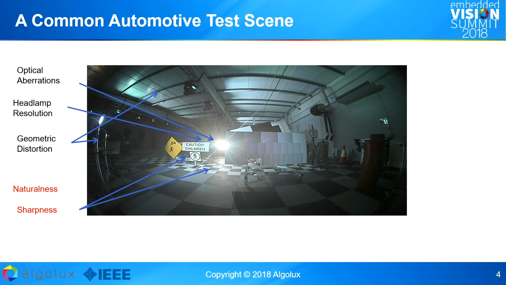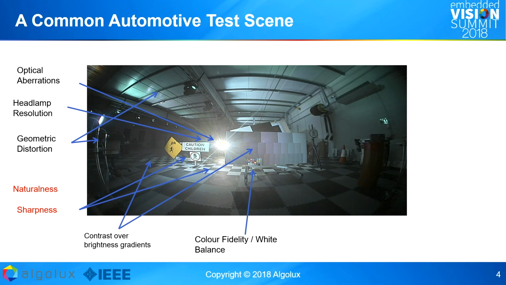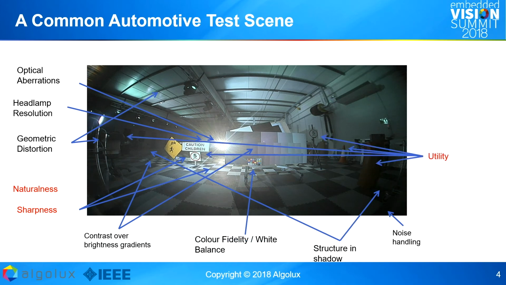Sharpness, of course, the traditional checkerboard pattern features can be seen in the scene here. A fairly extreme range of contrast levels can be measured. Color fidelity, structure in shadows, extremely important to perform vision in such areas. And noise handling, of course, in such low light scenes where it really matters and traditional ISPs fail.